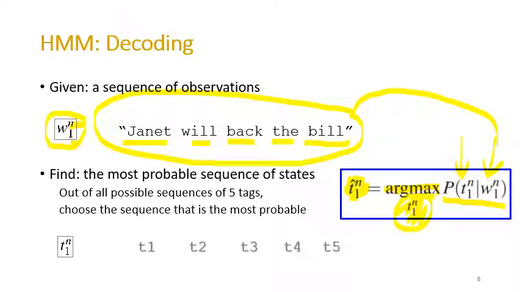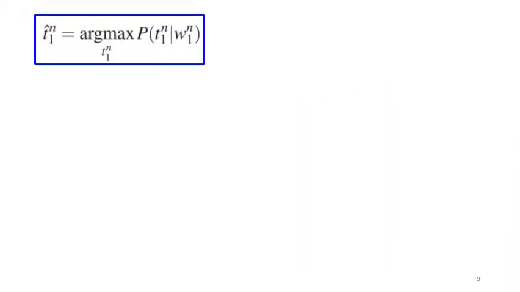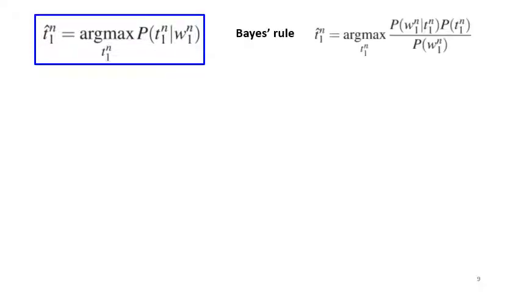How can we calculate this equation? Now let's see what we can do to simplify this equation. First we may apply the Bayes rule. So the Bayes rule is our probability of T given W, and you expand this using the Bayes rule to become like that.